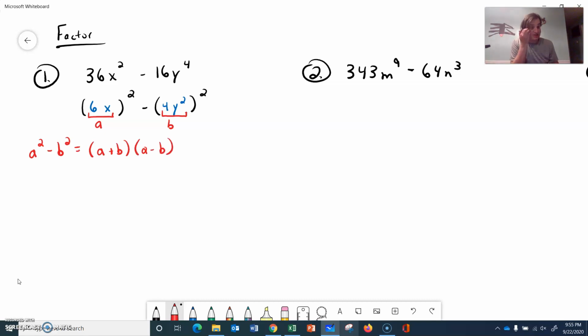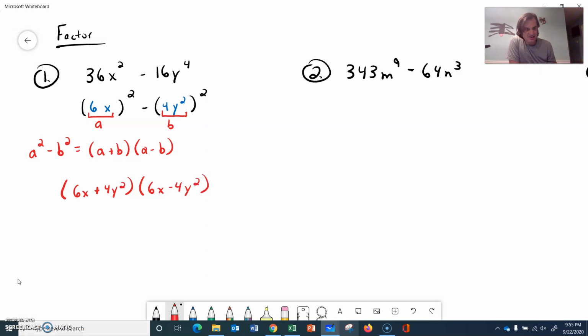So we've looked at the left-hand side of this for our formula, so let's write out the right-hand side. So that would be a plus b, which would be 6x plus 4y squared, and then the minus of that, 6x minus 4y squared.